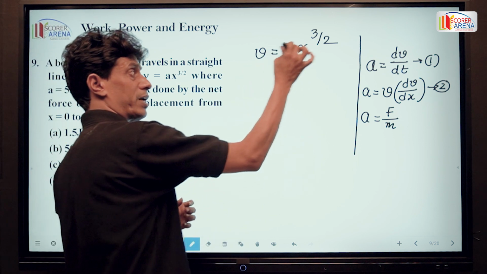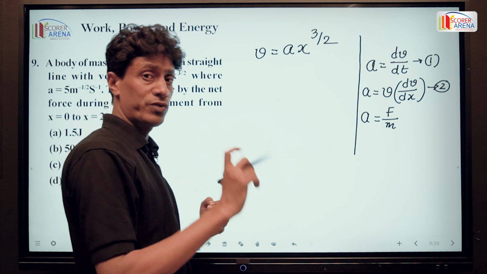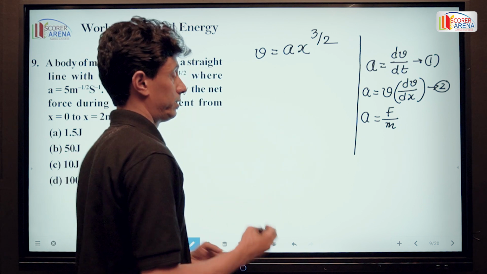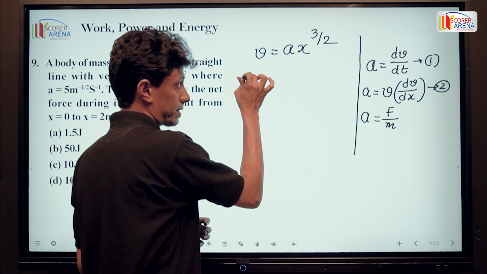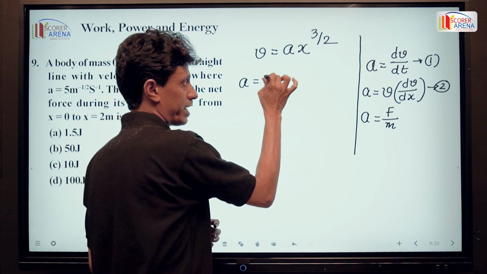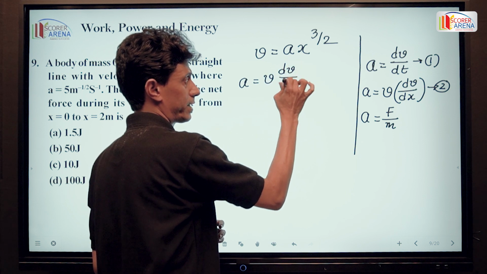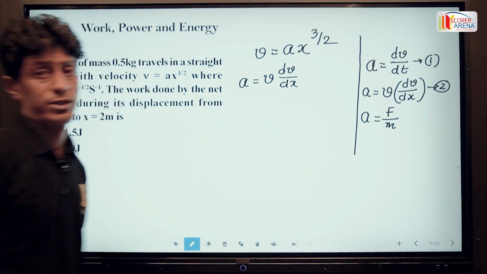When v is a function of displacement and we want to find the acceleration, you should write the definition of acceleration as v dv by dx, that is the second definition.